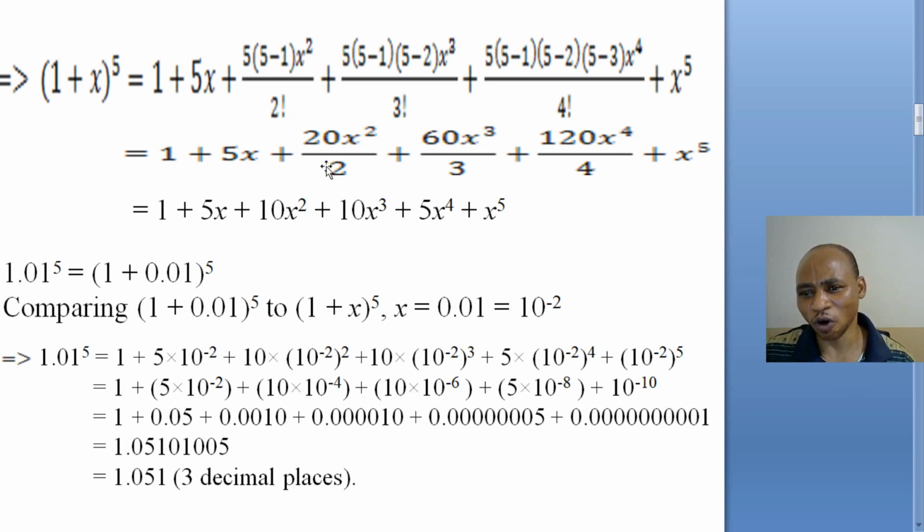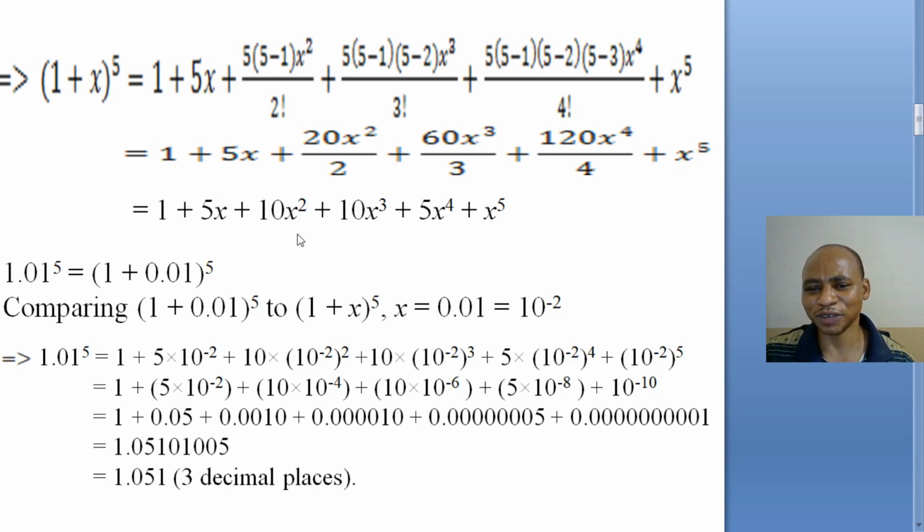In simplification form, we will end up getting 1 plus 5x plus 20x squared divided by 2 plus 60x cubed divided by 3 plus 120x to the power 4 divided by 4 plus x to the power 5.